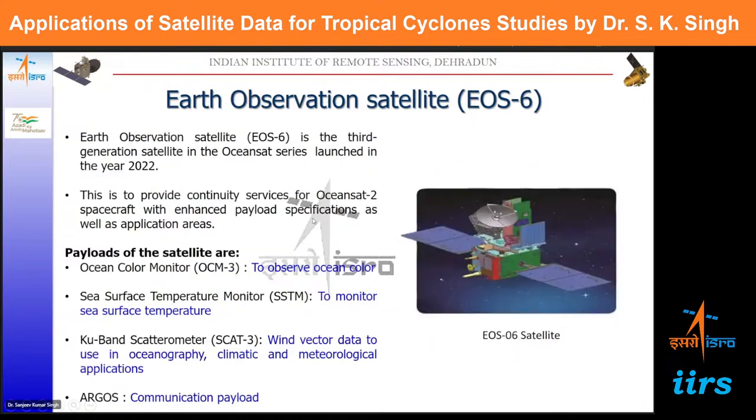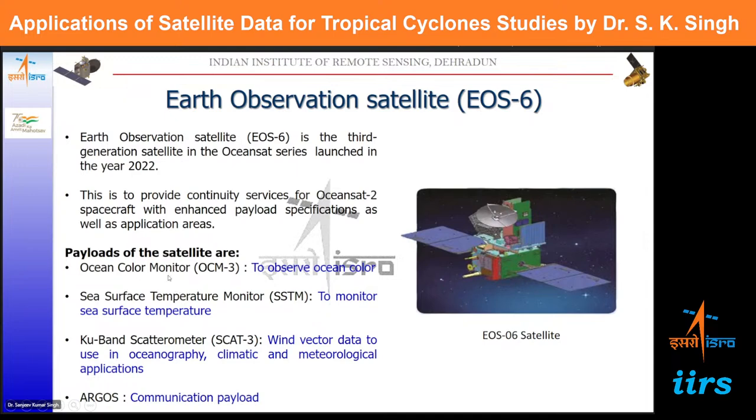Recently, ISRO launched the EOS-6 satellite. It is also a continuation mission of OceanSat-2. It provides continuity of service for the OceanSat-2 spacecraft with enhanced payload specifications as well as application areas. It has 4 payloads.